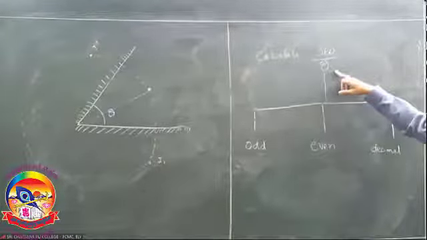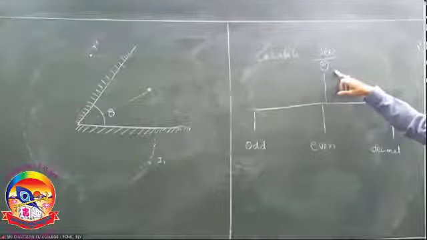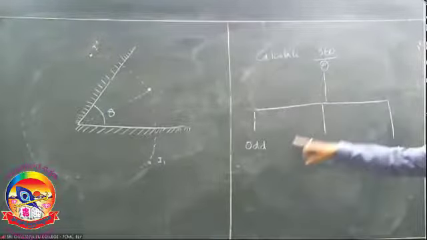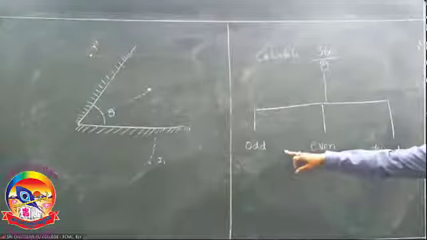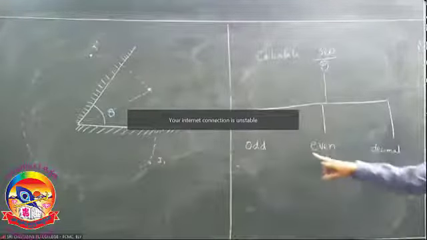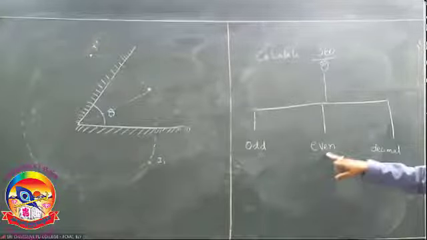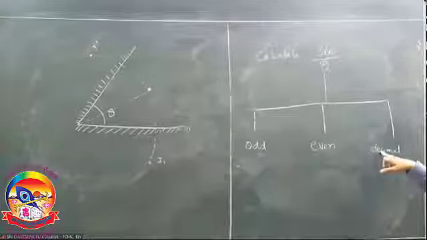The obtained value may be an odd number, an even number, or a decimal number. Only three possibilities. If the obtained value is odd, the number of images is equal to 360 by theta only. Very simple.